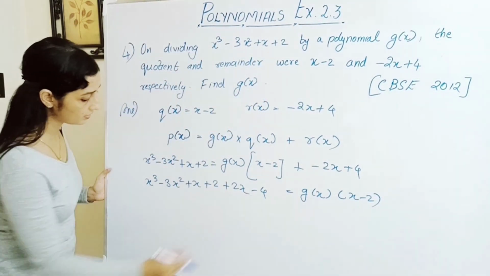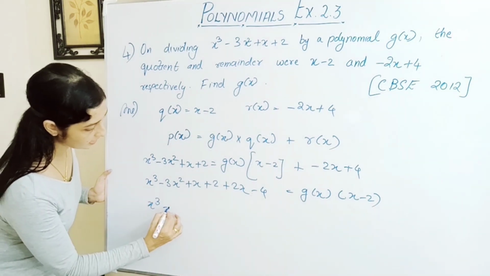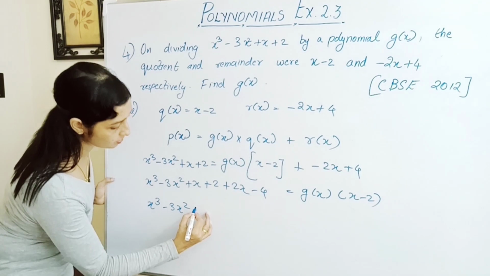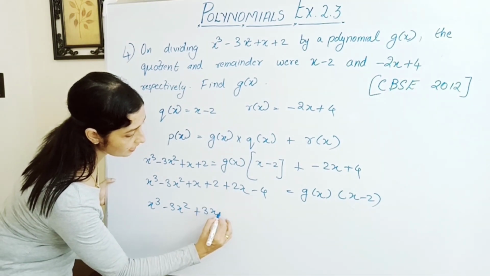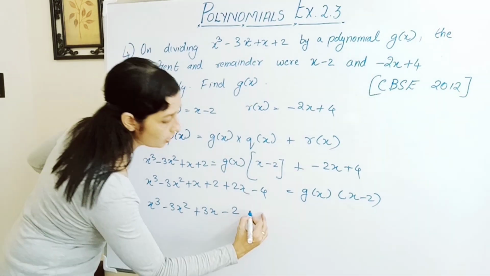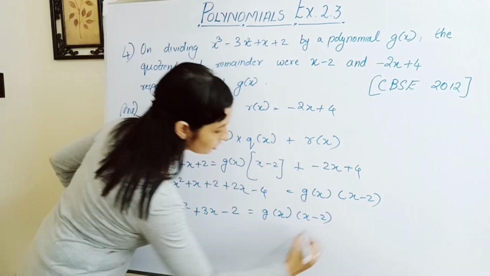Now let's simplify this. X cube minus 3x square plus x plus 2x, so that is plus 3x, plus 2 minus 4. So that is minus 2 is equal to g of x into x minus 2.